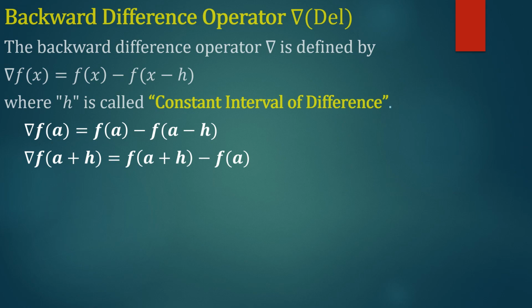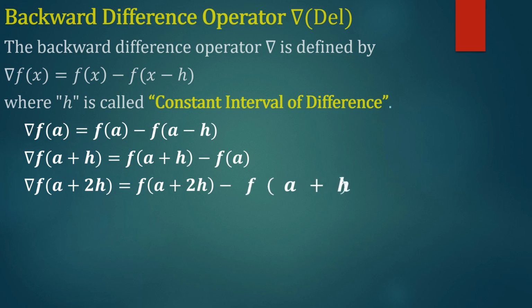Then similarly del f of a plus 2h is equal to f of a plus 2h minus f of a plus h, because del f of a is equal to f of a minus f of a minus h. Here instead of a it is a plus 2h, therefore we can write f of a plus 2h minus f of a plus 2h minus h. 2h minus h will be h, therefore it is f of a plus h.